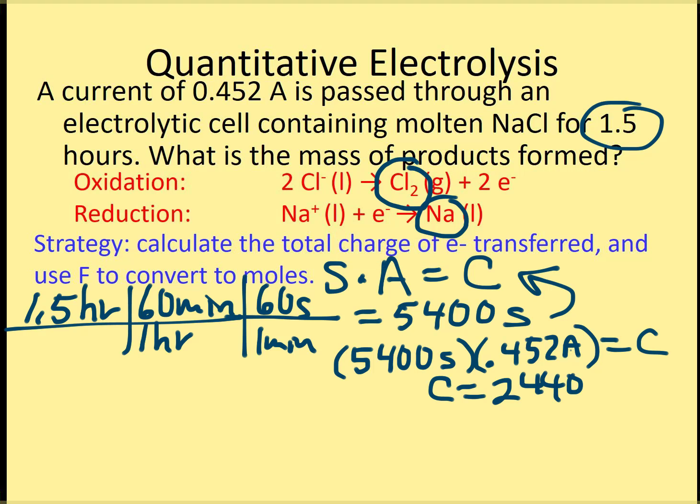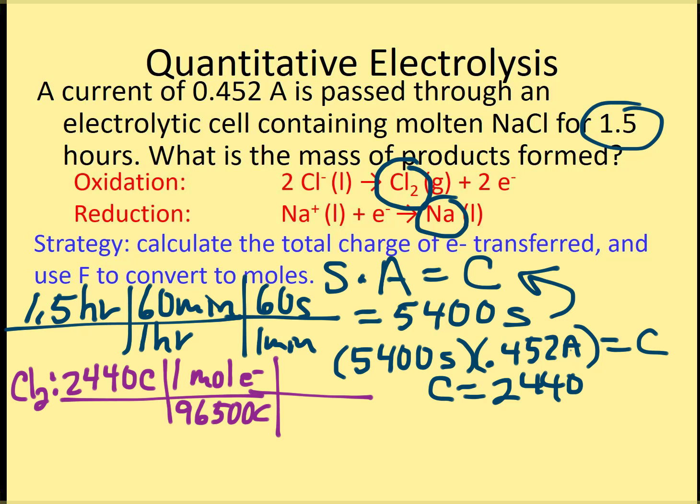So now I'm going to take that and use Faraday's constant to help me get how many moles of electrons I have and then how many moles of each of these products. Let's first start out with our chlorine, and then I'm going to look at the stoichiometry. For every 2 moles of electrons, I get 1 mole of that chlorine, and then this just becomes a stoichiometry problem.